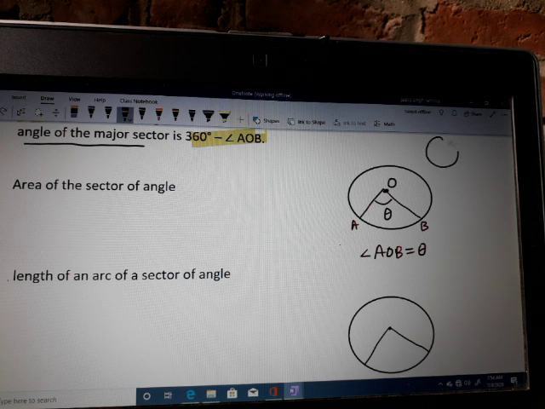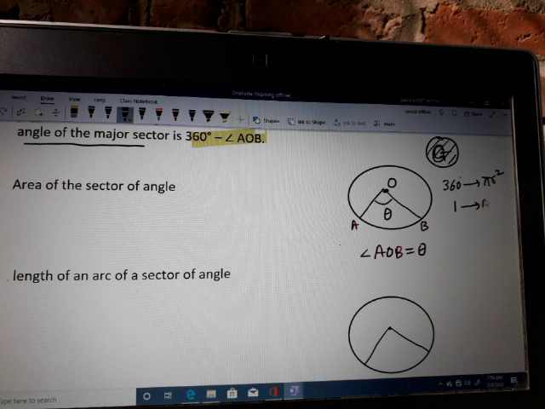This is the complete circle, this forms 360 degrees, and the complete circle area is pi r square. So 360 degrees is formed by pi r square. So one part is shown by pi r square by 360 degrees.